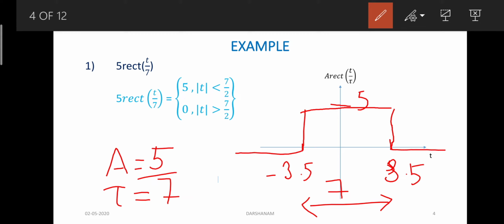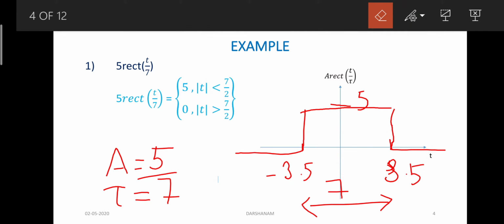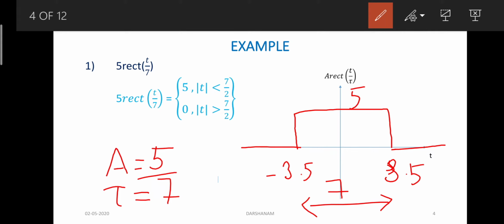So the rectangular function can be clearly drawn like this: between minus 3.5 and 3.5 the magnitude is 5, and outside this limit the magnitude is 0.